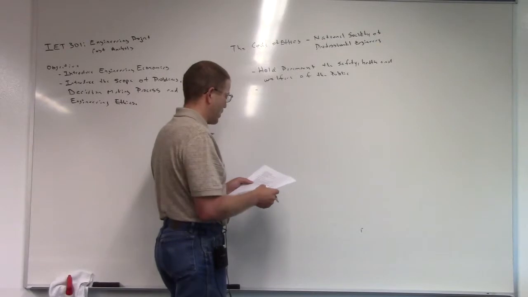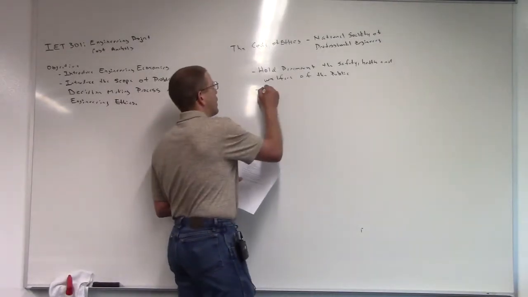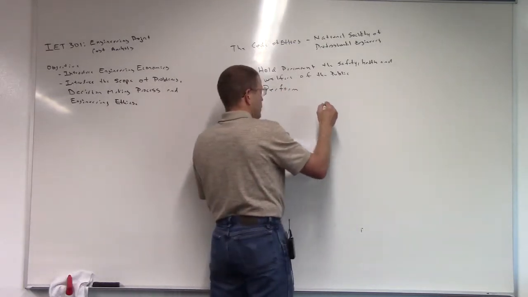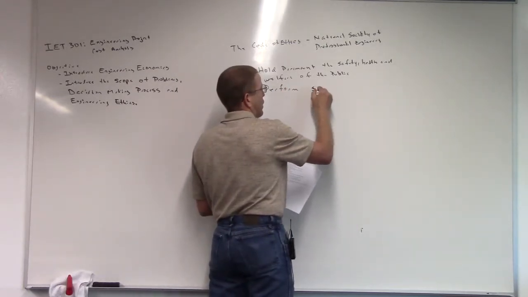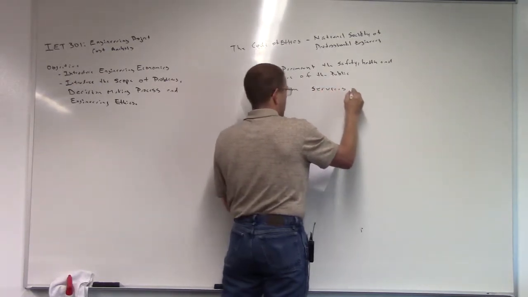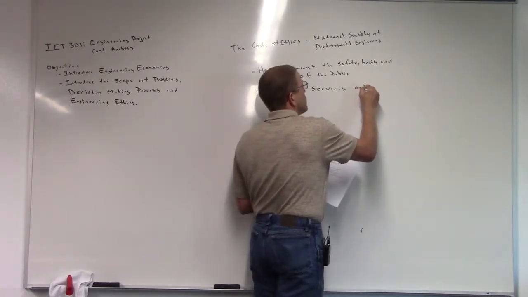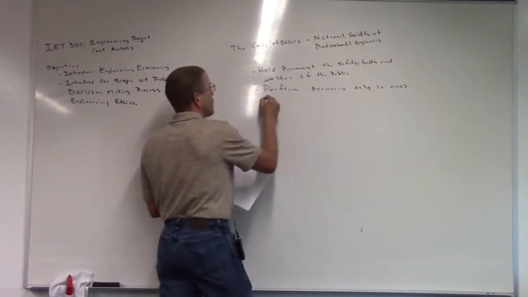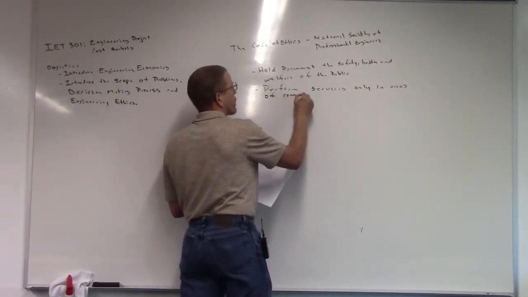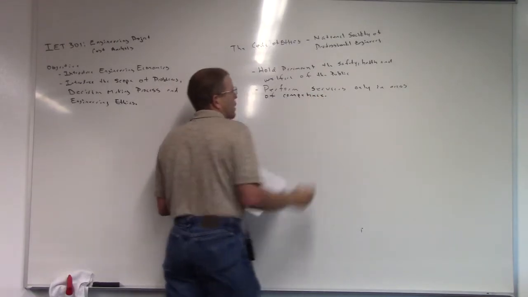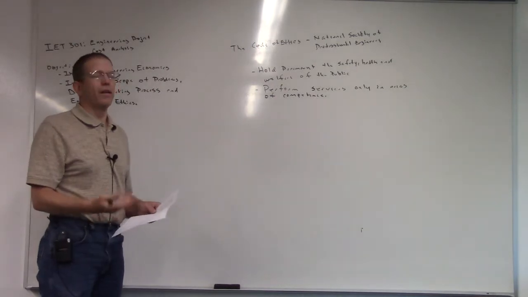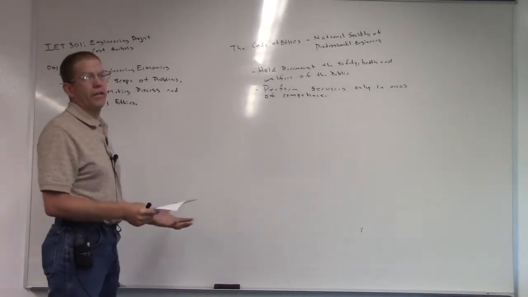Second thing that an engineer must do is perform services only in the areas of their competence. Just like in the medical area, you would not want a neurosurgeon performing heart surgery on you.